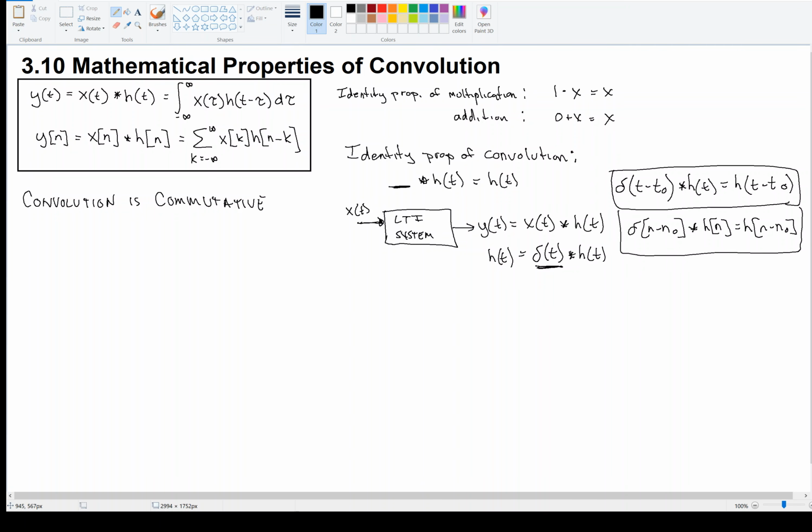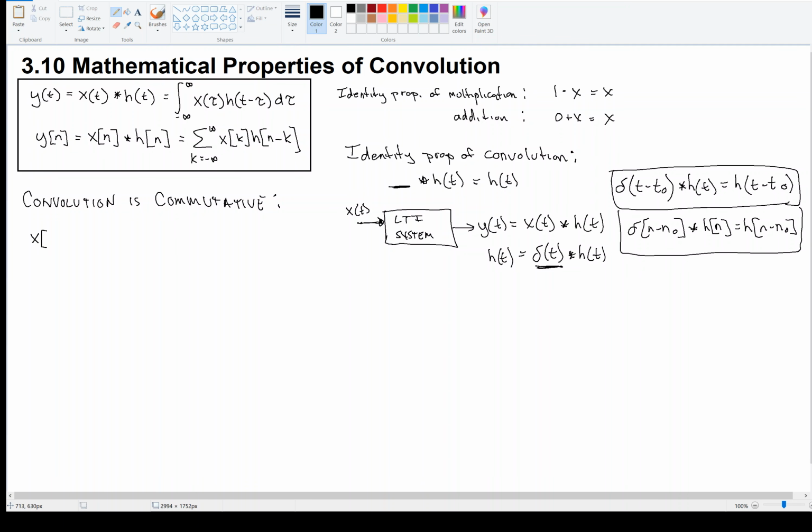By the way, before we get to the commutative property, going back to the identity: if you need to convolve something with an impulse, you should welcome that, because it's like multiplying by 1, so it's very easy. You should leverage that if you ever have the opportunity to convolve something with an impulse. You should take advantage of that. Okay, back to the commutative property.